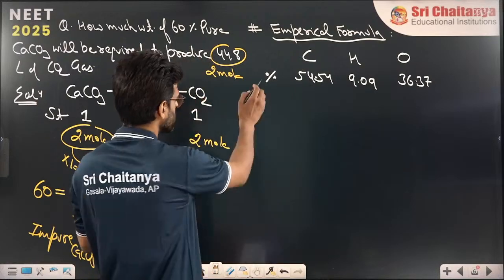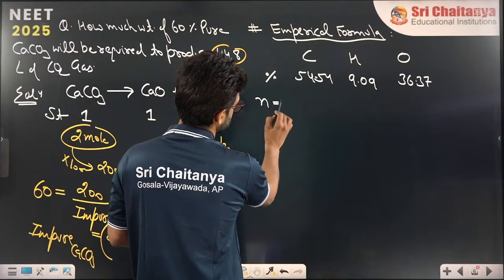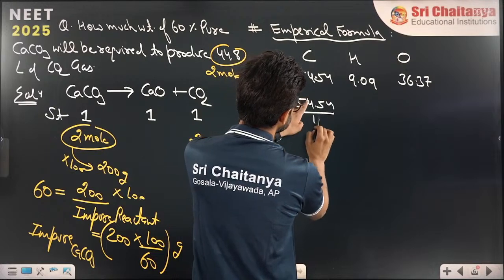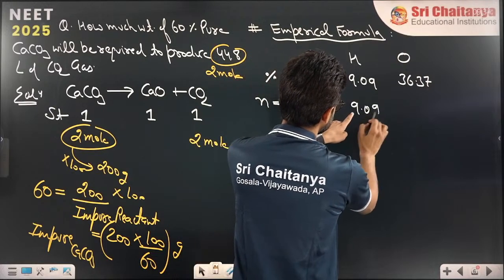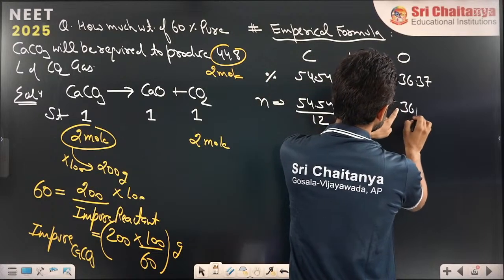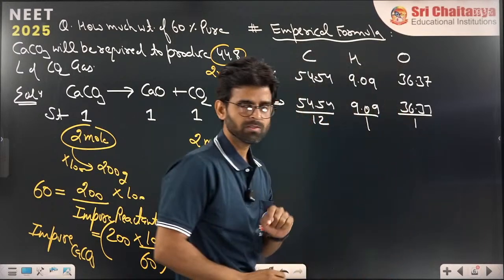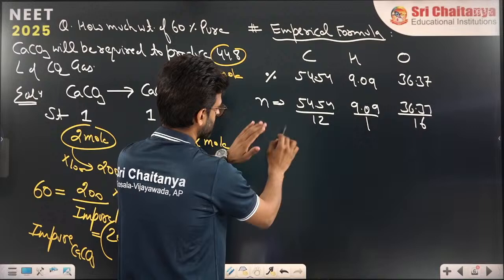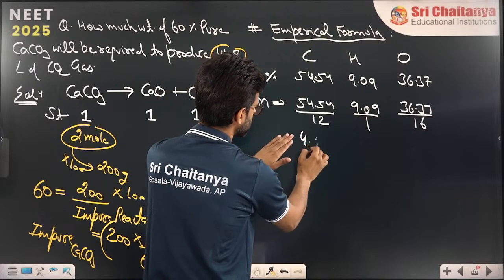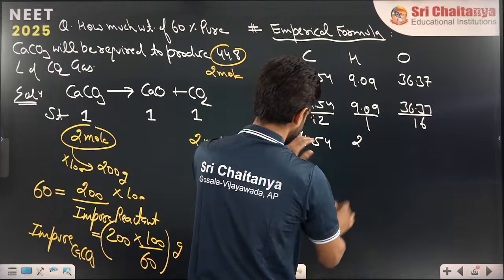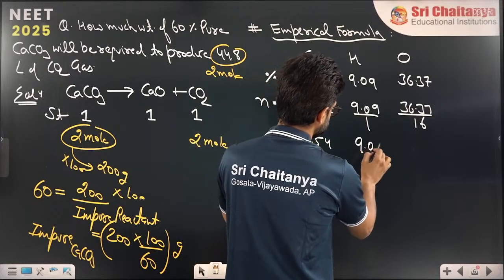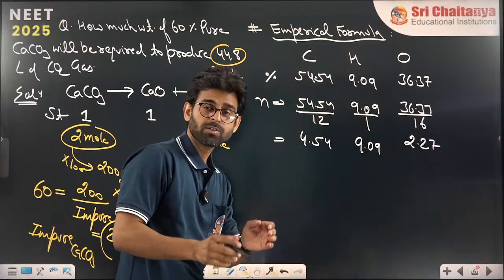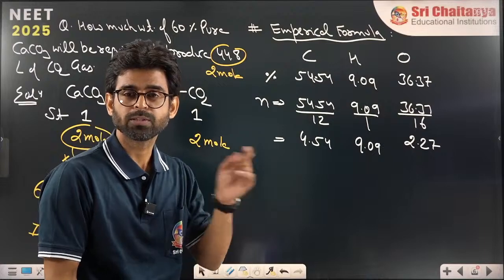How can I find moles here? 54.54 divided by 12, 9.09 divided by 1, and 36.37 divided by 16. If you solve it, almost 4.54, 9.09, and almost 2.27. We got these numbers. This is the molar ratio.